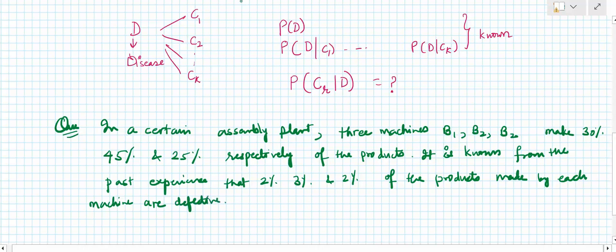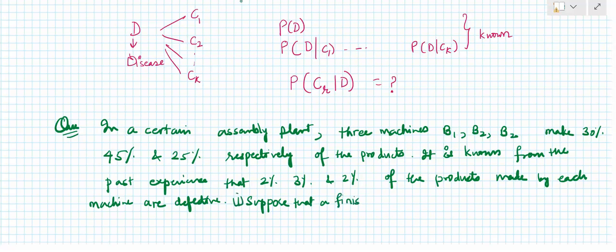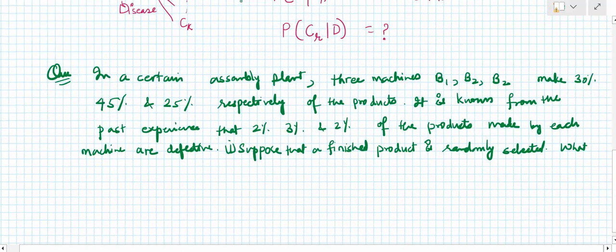Suppose that a finished product is randomly selected. This is the first part: what is the probability that this product is defective?